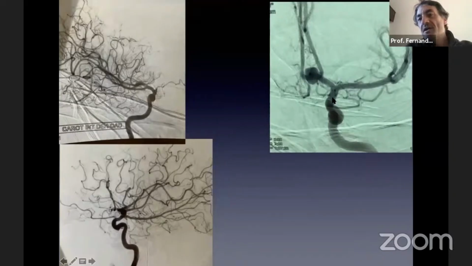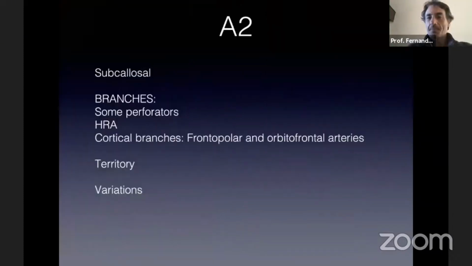On the opposite side, we see the carotid artery, A1, and the two pericallosal arteries. In this aneurysm case, I cannot identify the A1 segment, but I lost the photograph, sorry.